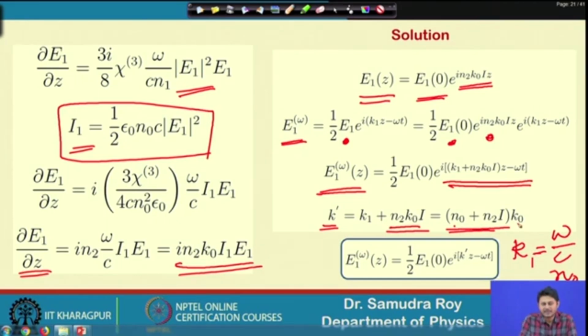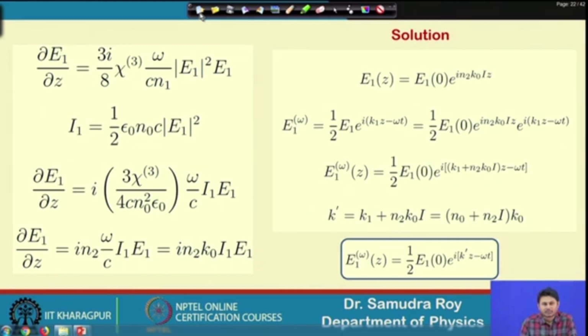So, this refractive index change multiplied by k0 is our new phase. So, this is our solution, this is our new phase. So, what I find is that only the phase of these things is going to change. When I calculate the entire thing, we find that only the phase of the electric field is going to change because of this Kerr effect, which is called self phase modulation.